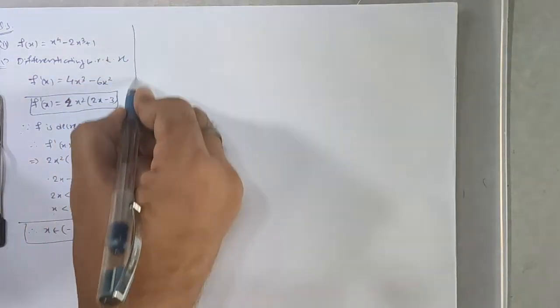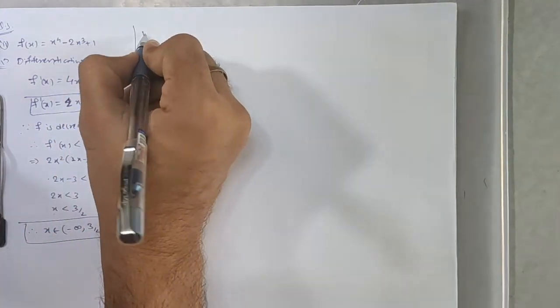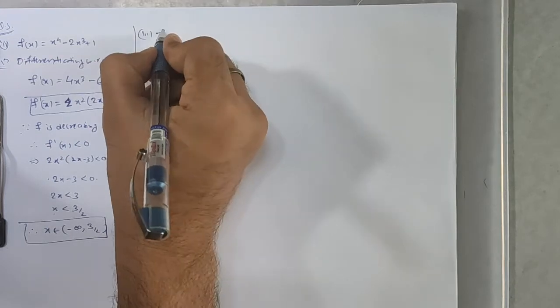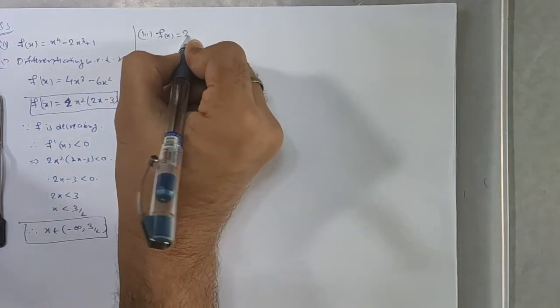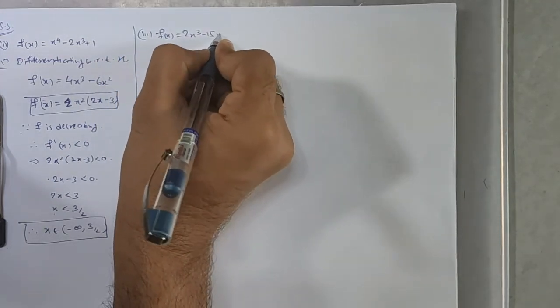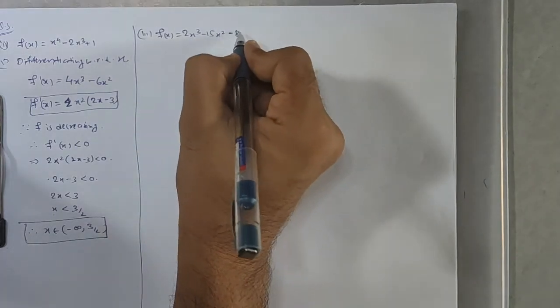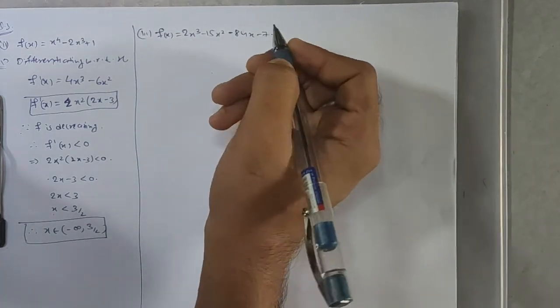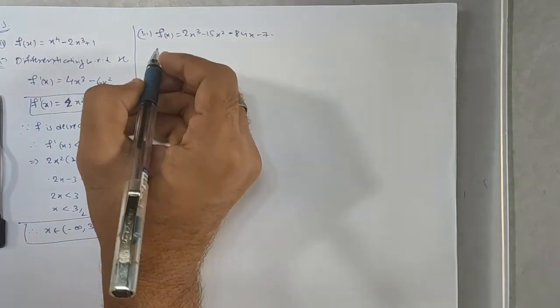Now the third last sub question of question number 3, which is f of x is equal to 2x cube minus 15x square minus 84x minus 7. So again we have to find out f dash of x.